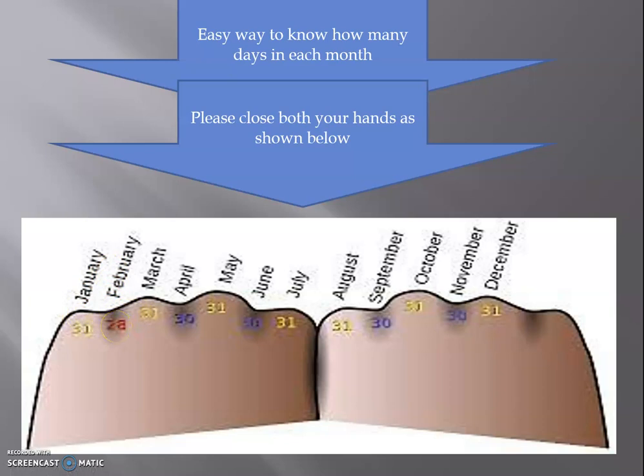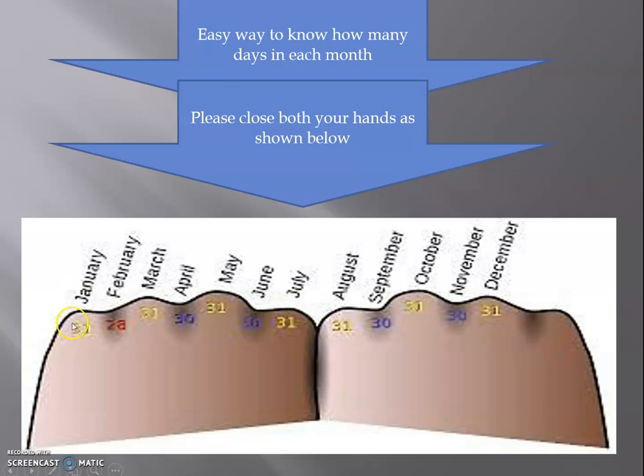And the leap year comes every 4 years. So January, on the knuckle, you start counting the months on your knuckles, and the knuckles are shown when you are closing both your hands and putting them together as if you are going to play boxing, okay?